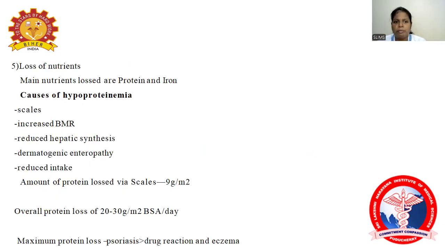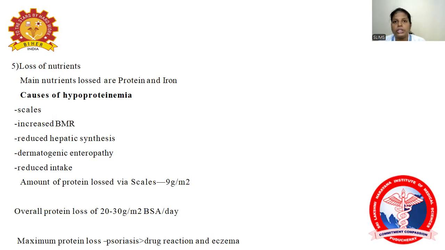Loss of nutrients: the main nutrients lost are protein and iron. Causes of hypoproteinemia include loss through scales, increased basal metabolic rate, reduced hepatic synthesis, dermatogenic enteropathy, protein malnutrition, and reduced intake. The amount of protein lost via scales per day is 9 gram per meter square.